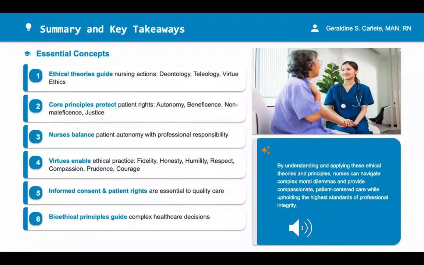So, what is the real takeaway from this chapter? That ethical theories help you think, ethical principles help you decide, virtues help you act. And then when these three align, your thinking, your decisions, and your character, that is ethical competence.